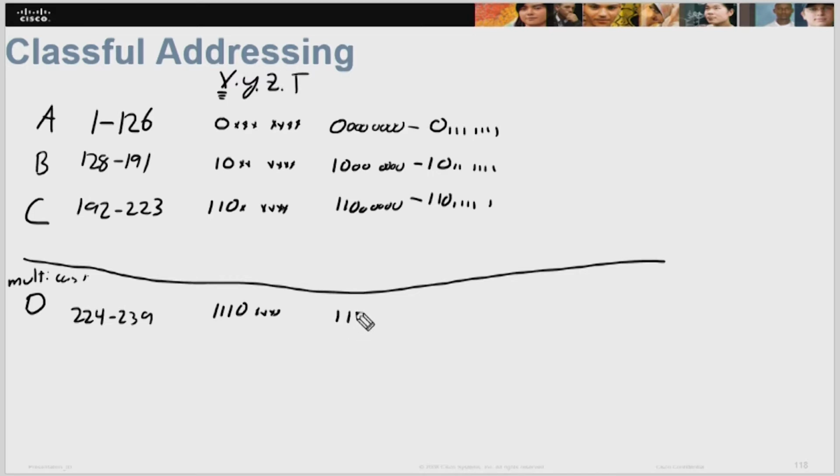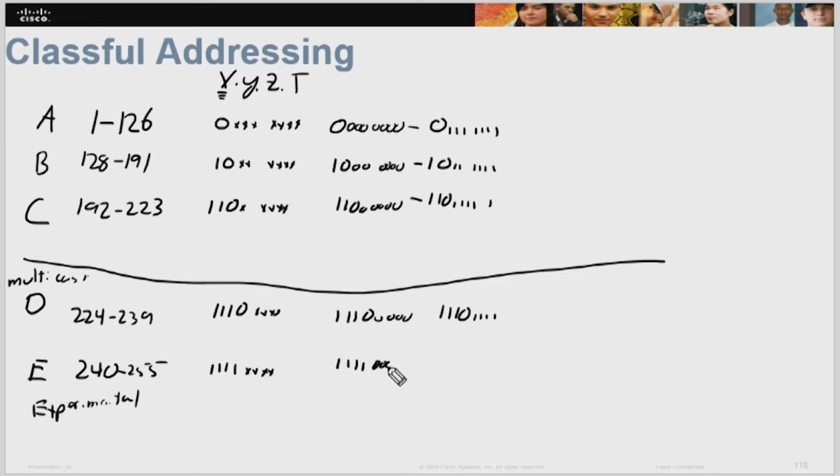So 1, 1, 1, 0, 0, 0, 0, 0 through 1, 1, 1, 0, 1, 1, 1, 1 is the Class D space. And there is in fact a Class E, which is the rest, which is 240 through 255. This is experimental or reserved for future use. And by definition, 1, 1, 1, 1 without regard is the Class E space. So 1, 1, 1, 1, 0, 0, 0, 0 through 1, 1, 1, 1, 1, 1, 1, 1.